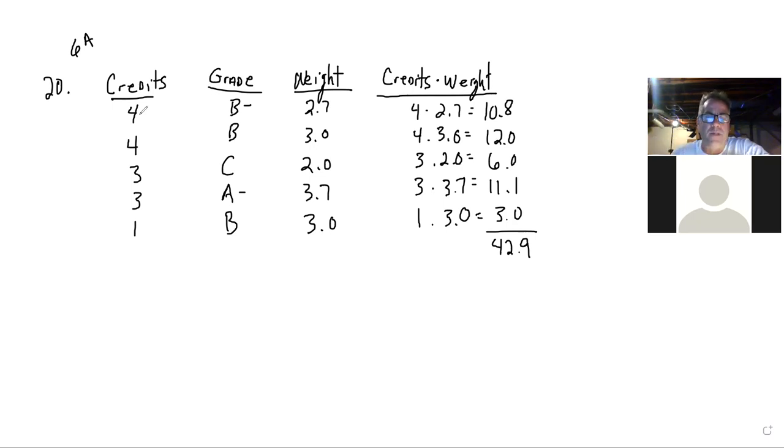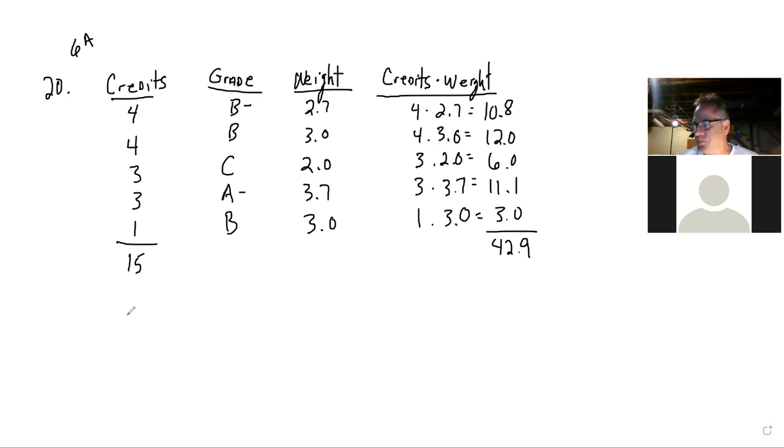So for weighted mean, you're going to, again, weight your grades by whatever the established weight is, then times that number of credits. But if you add up your credit column, you're going to have 8, and 6 is 14, plus 1 is 15.